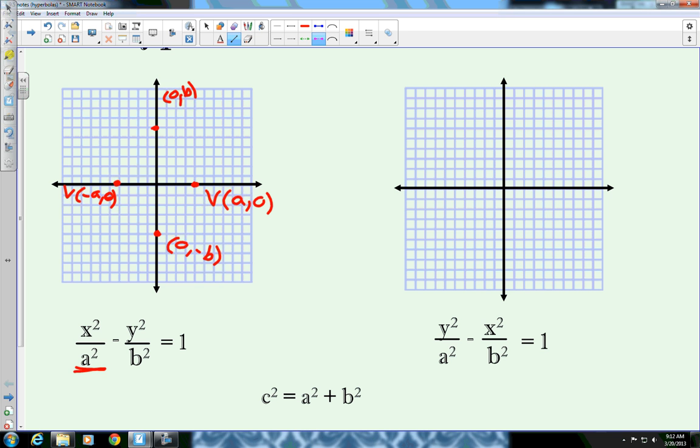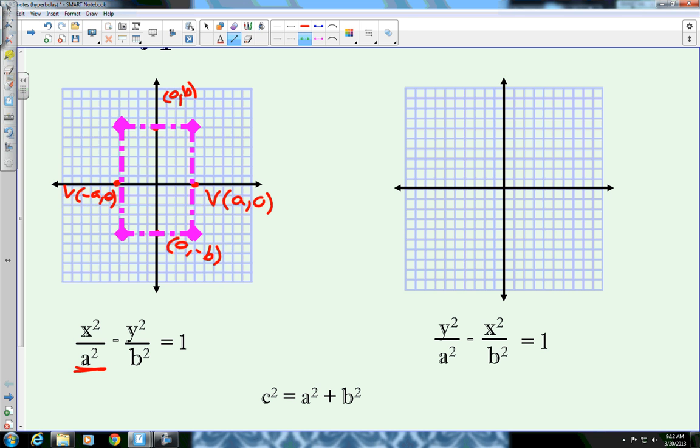One side is going to go through there, one side through the vertex, one side through my 0, negative b, and my last side through the other vertex. So you're going to sketch a rectangle from those 4 points. Remember, we took the square root of a squared, just like in an ellipse, and the square root of b squared, just like in an ellipse.